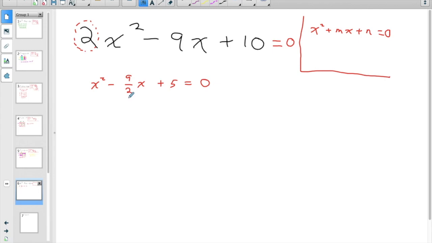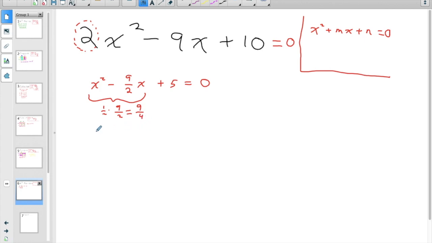The way that we are going to start off working with this part is we are going to take half of whatever number we have here. So in this case, half of 9 halves, and half of 9 halves is 9/4.